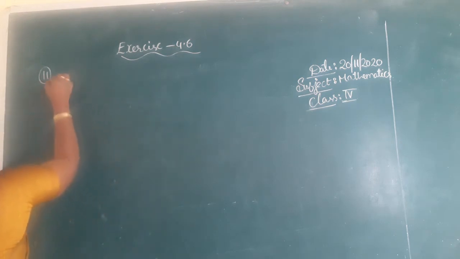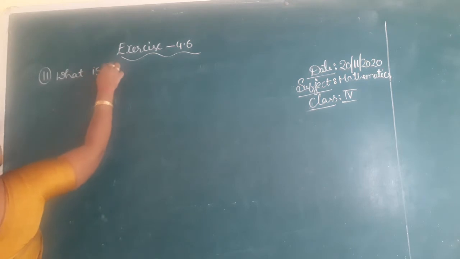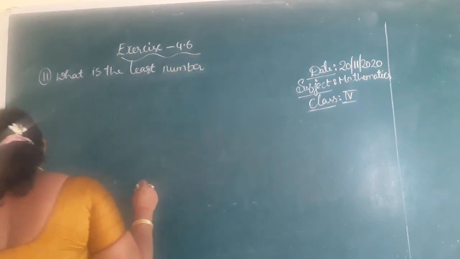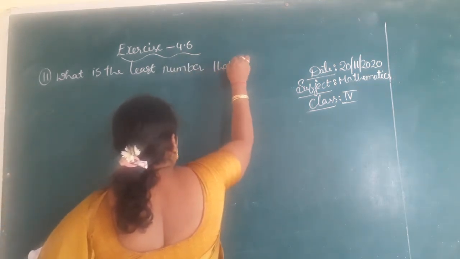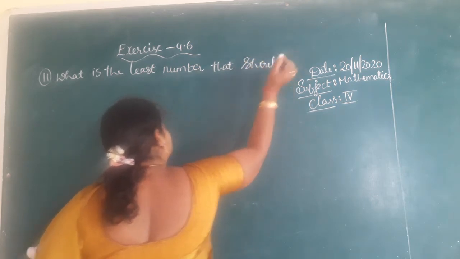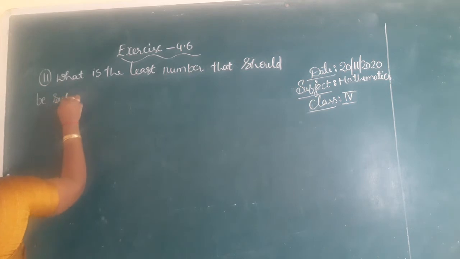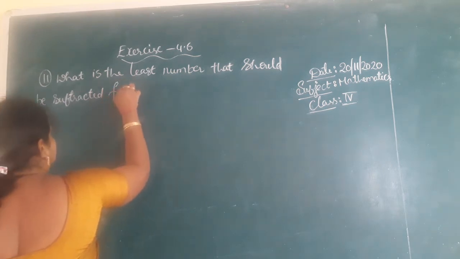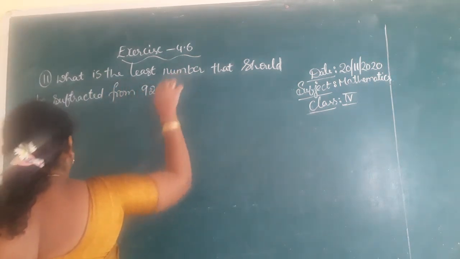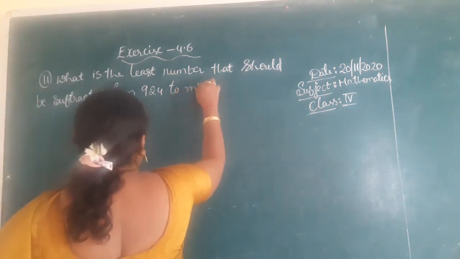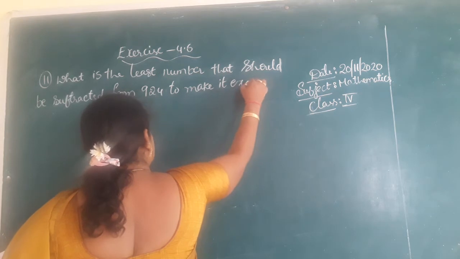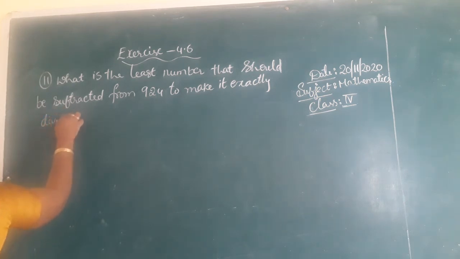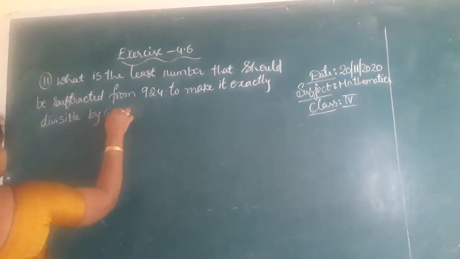What is the least number that should be subtracted from 924 to make it exactly divisible by 48?